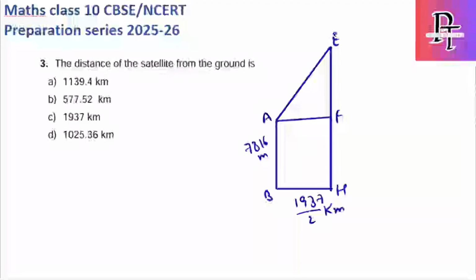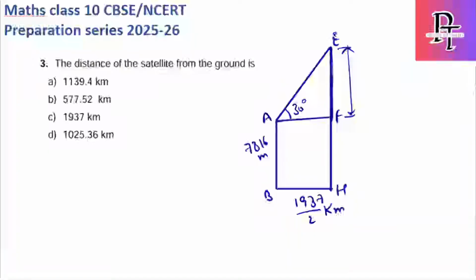So as of now I will simply find EF first, and we'll see the options; whichever is closer to EF will be the right answer. So let's find out EF. This is 30 degrees. For this I want the height value, not adjacent. I already know the hypotenuse, so simply I can use sine theta to get the height.